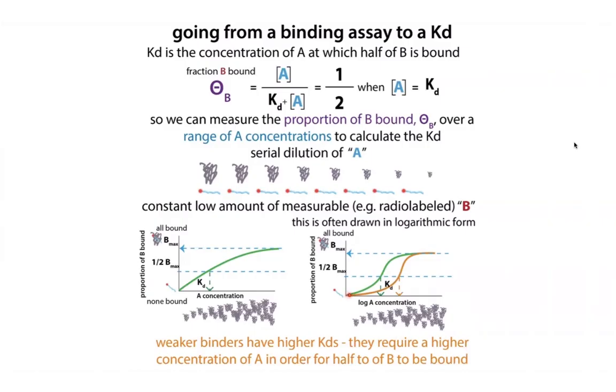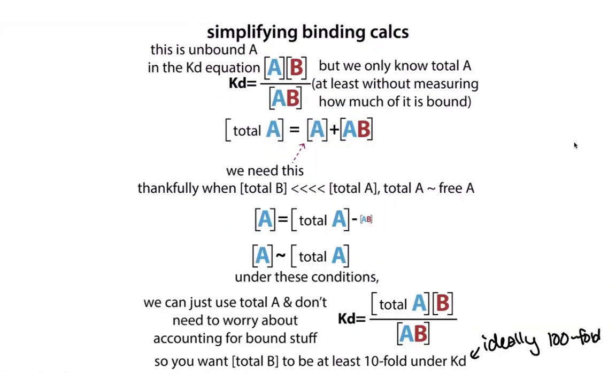Remember, if you have none of your A, you're not going to have any bound. And if you have more A than your capacity, you're going to saturate. But somewhere in the middle, you're going to pass that halfway mark where half of it is bound, and the concentration of A at which that happens is going to be the KD.